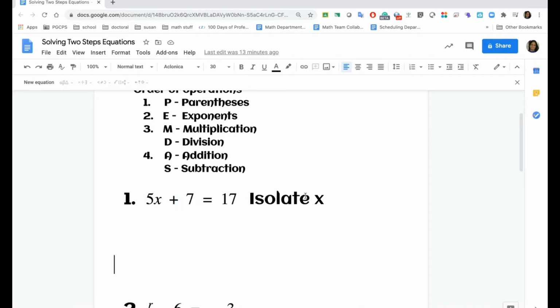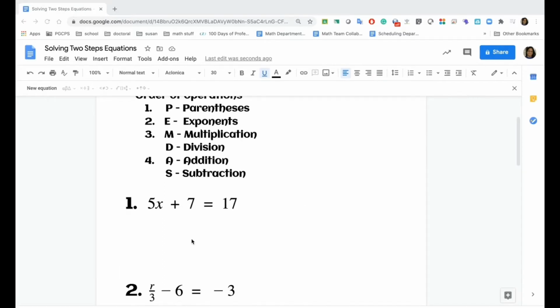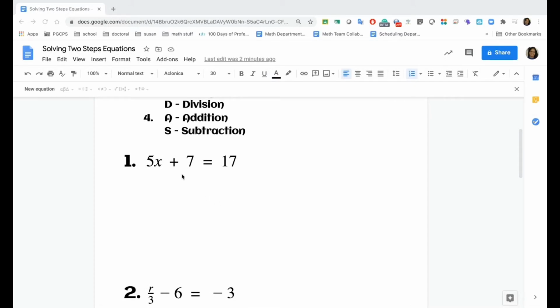The first thing we need to do is to isolate x. So how are we going to do that? We need to undo any operations that the unknown variable is involved with so we can isolate it. Here, 5x plus 7 is equal to 17. The operations are addition and multiplication.